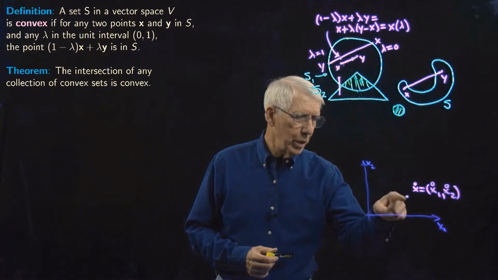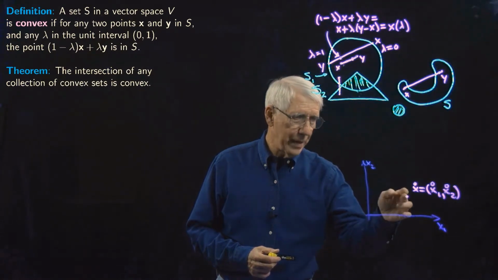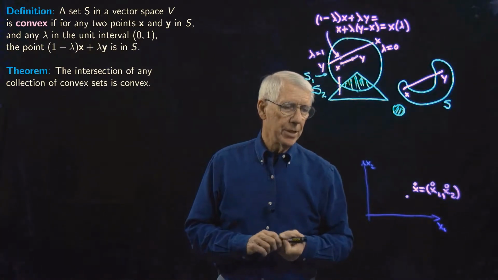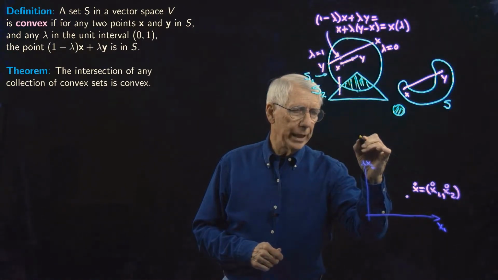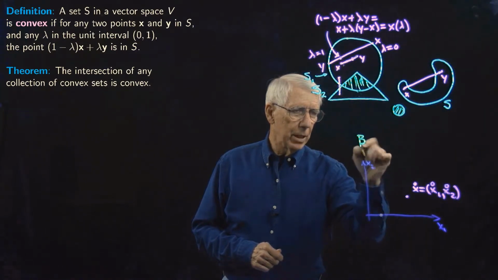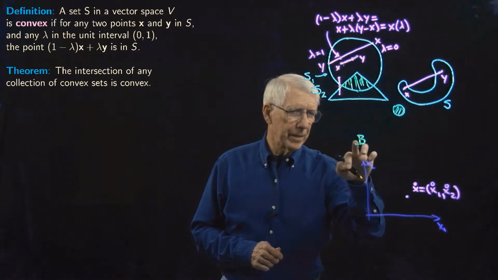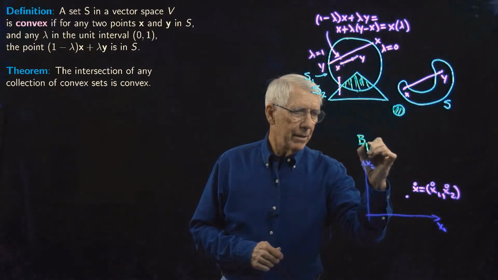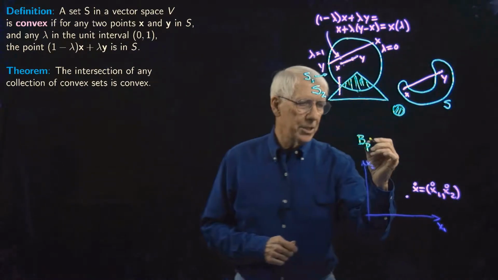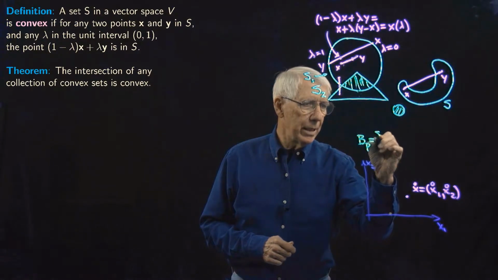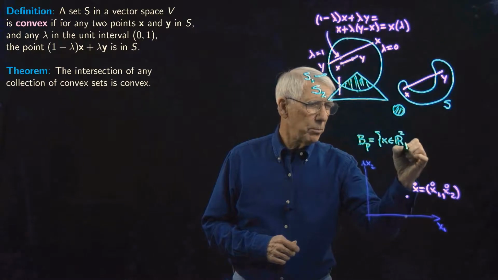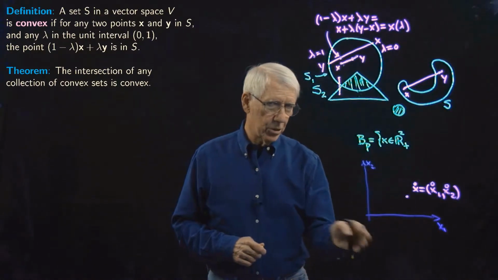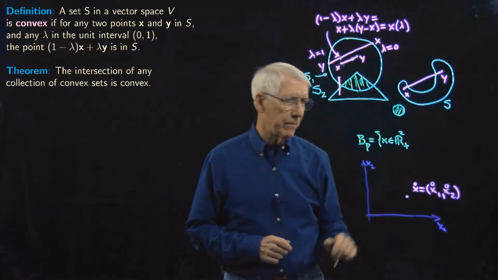And what I want to look at here is all the budget constraints that go through that bundle, that include that bundle on the budget constraint. And so if I'm going to do that, then I have a budget constraint that looks like this, and I'll call it B for budget constraint. I'm going to say B sub P because the budget constraint is going to be the set of all bundles or points in R2 plus, because we don't think the consumer is going to be able to consume negative amounts of anything.